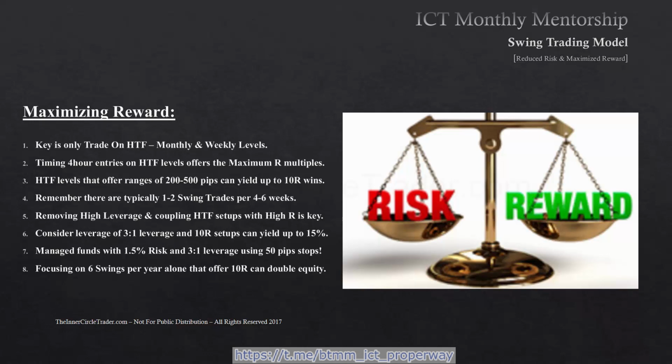If you can look for setups that yield 10-to-1, and believe me, when you go through the homework that I'm going to give you in this teaching, you're going to see just how easy 10-to-1 multiples are to find in swing trading. If you just take 6 of them per year, 6 trades, that's it, risking 1.5%, using 3-to-1 leverage, and about a 50 pip stop, you're more than doubling your equity every single year.